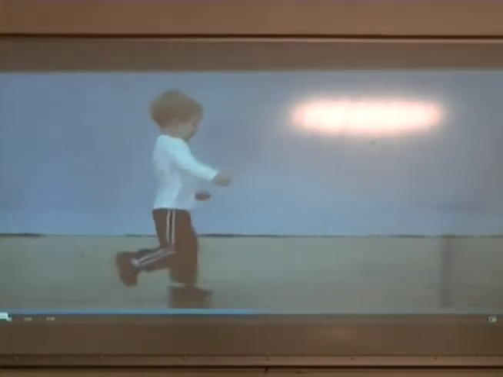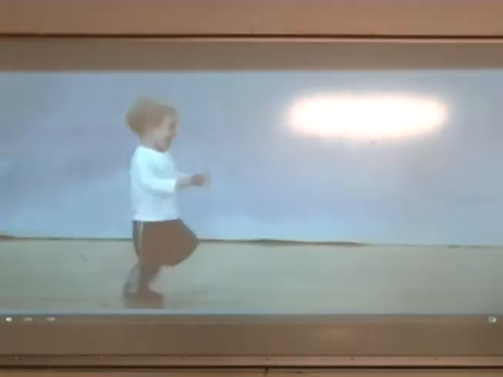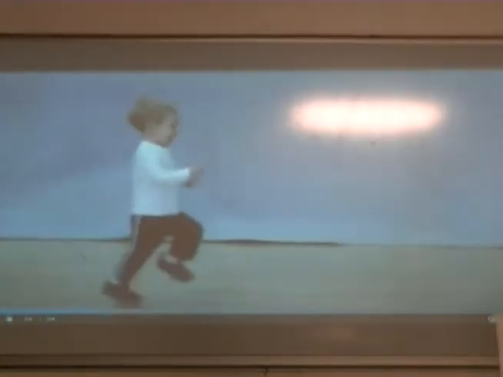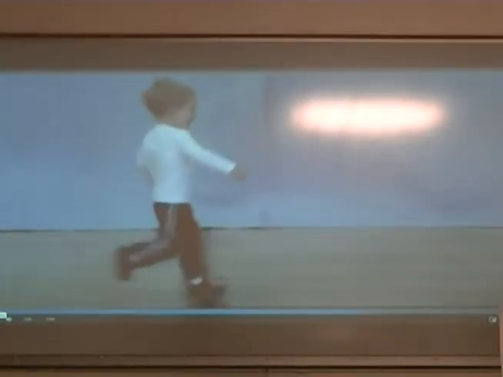So what we're looking for here is, is there a flight phase? Is there a point in time where his whole body is off the floor? Okay, I don't think so. Yeah, okay.